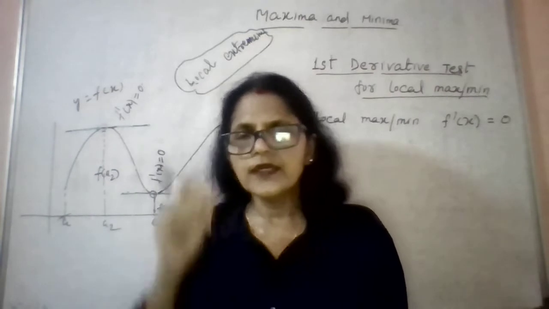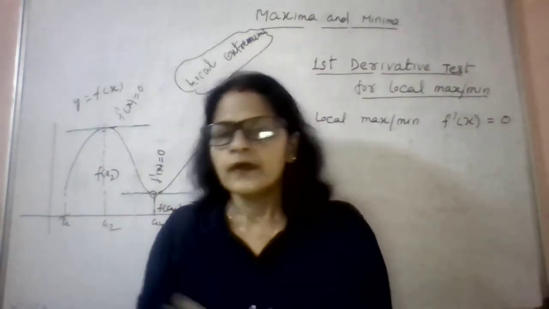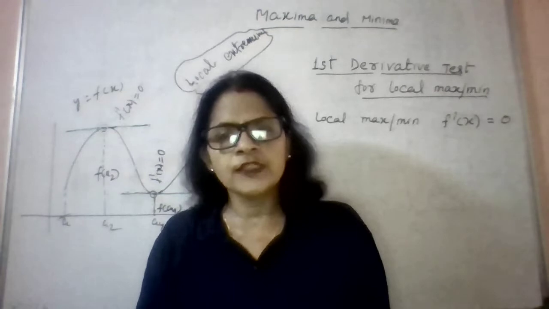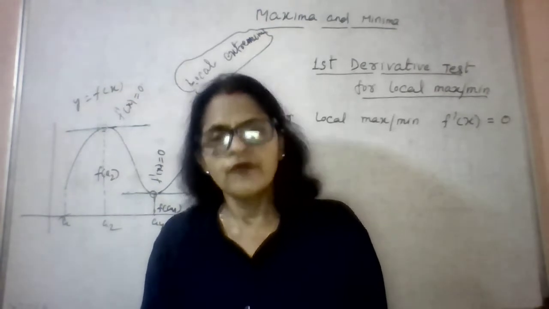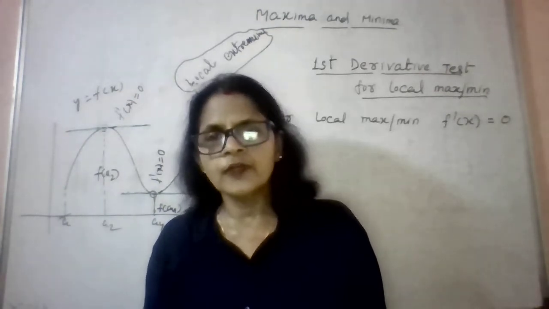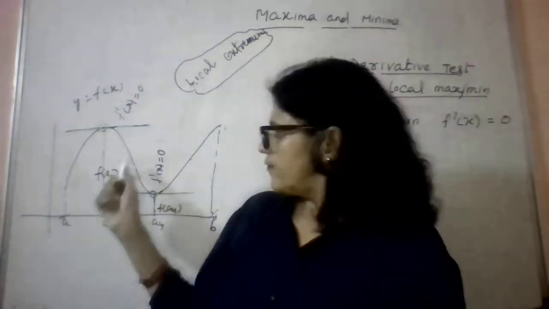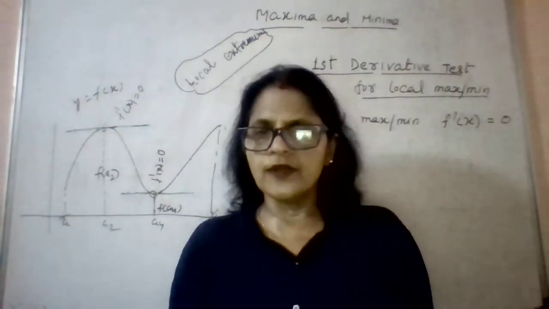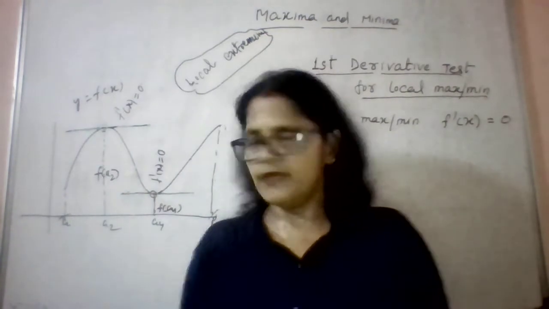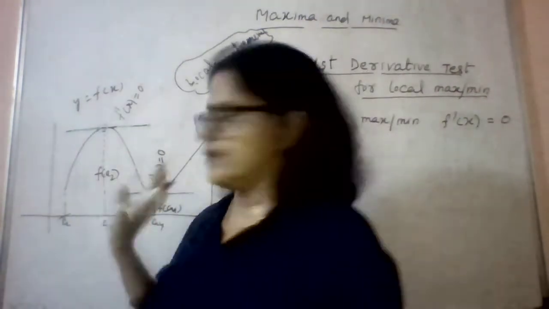It means any critical point may be a point of local maximum or a point of local minimum. We have a third case also, the point of inflection, but I will tell you that later on. For the time being, we are considering local maximum and local minimum.